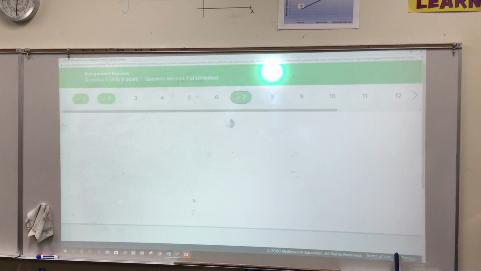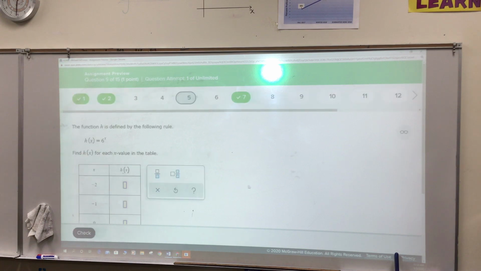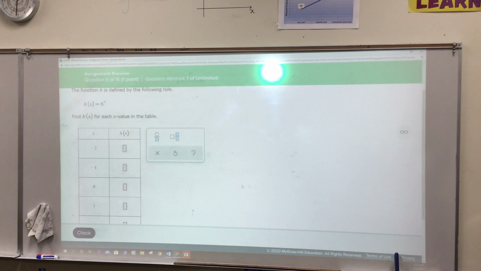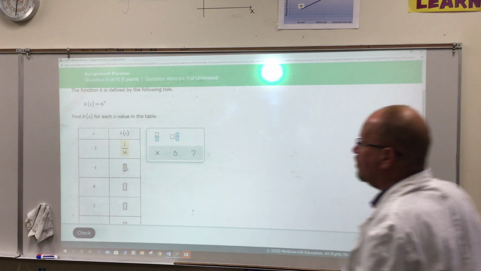Let's look at number 5, table. Okay, 6 to the x. 6 to the negative 2 power is the same as 1 over 6 to the 2 power. 1 over 6 squared. Okay, you can put this in your calculator.